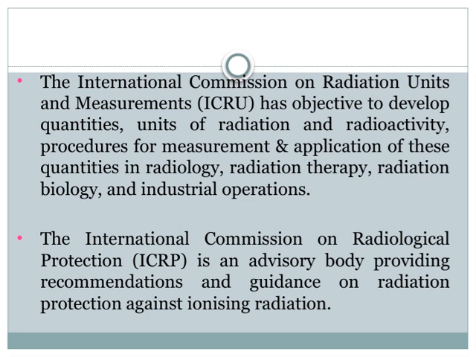Now, moving on to the International Commission on Radiological Protection, or ICRP. Unlike the ICRU, which focuses on measurement standards, the ICRP serves as an advisory body. Their primary role is to provide recommendations and guidance on protecting people from ionizing radiation. Their work helps shape safety protocols and regulatory limits, ensuring that radiation exposure is kept within safe levels.